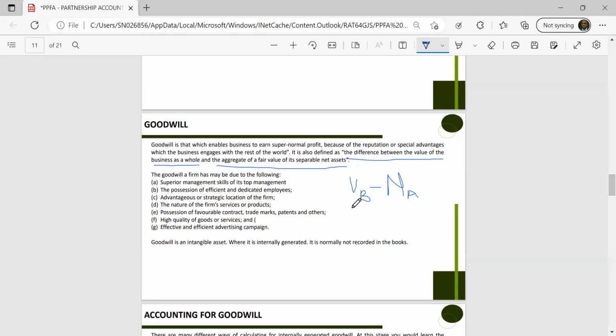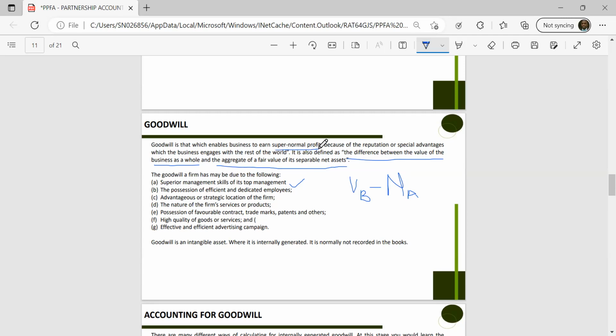A goodwill a firm has made may be due to the following reasons: superior management skills in top management, possession of efficient and dedicated employees. You know, I said they've delivered value over the years, and people already know them to say, that firm, it will give you something. And that is the reason why they are making what? Supernormal profit.